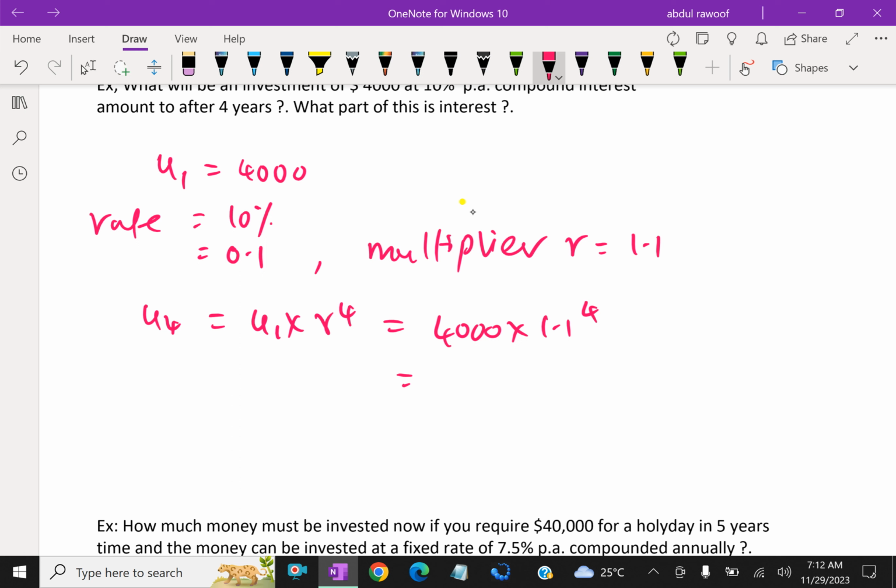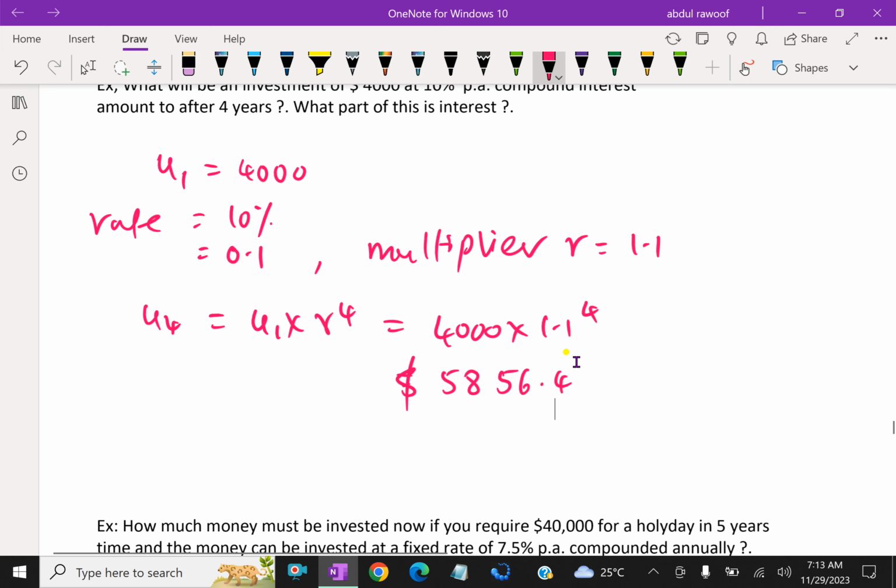4,000 into 1.1 to the power 4, which is $5,856.4. After 4 years, your amount becomes $5,856.4.